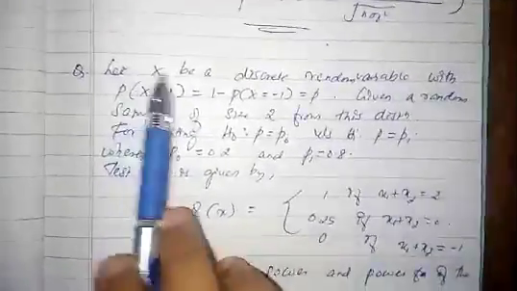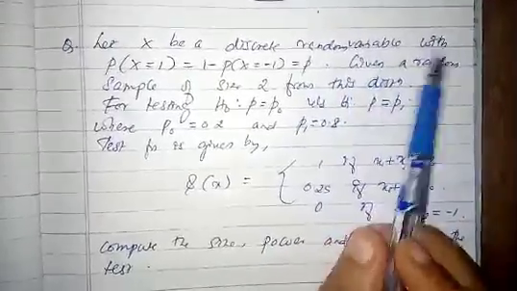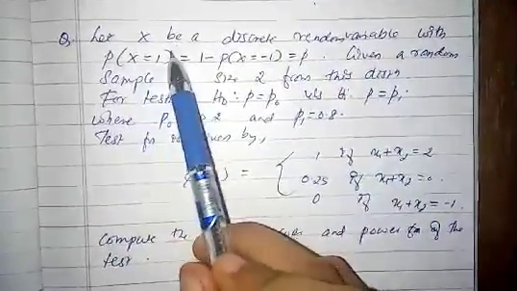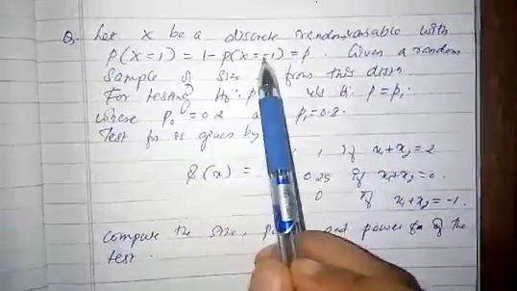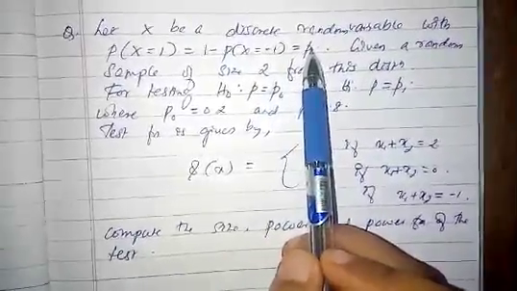The question is, let X be a discrete random variable with the probability of X equal to 1 equal to 1 minus the probability of X equal to minus 1, equal to p.